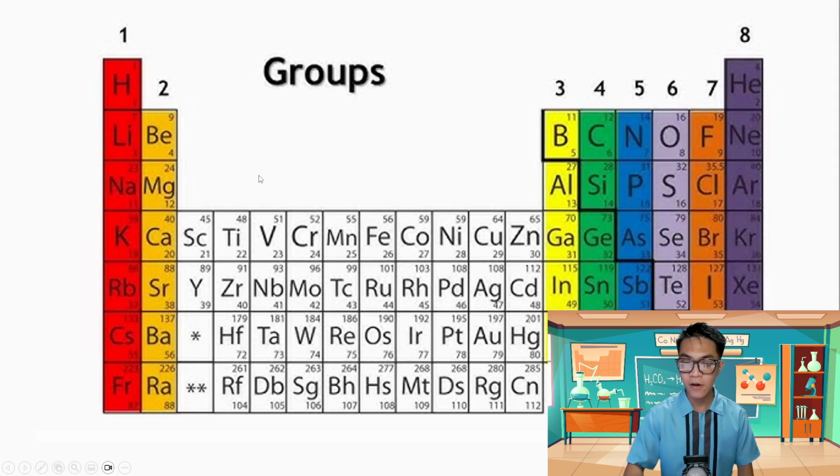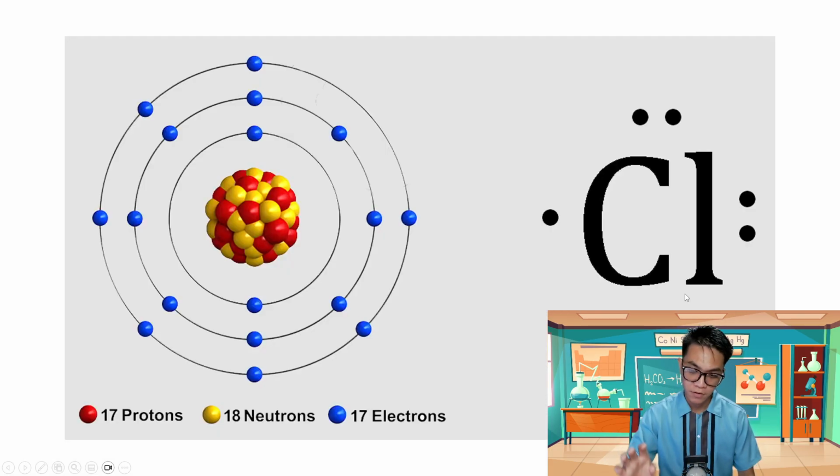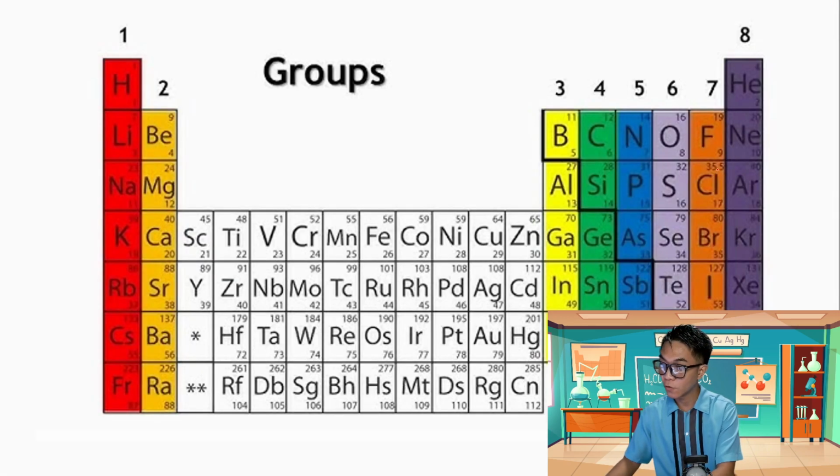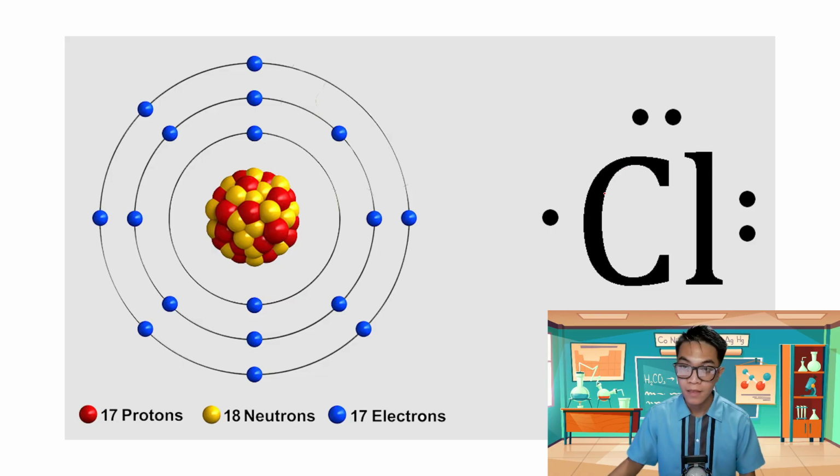Now, this is how LEDs, or Lewis electron dot structures, look like. Let me just grab my pen. Alright. So right here, we have a chlorine atom. Chlorine belongs to the 7th group. It sits right here. So this means that chlorine has 7 valence electrons.